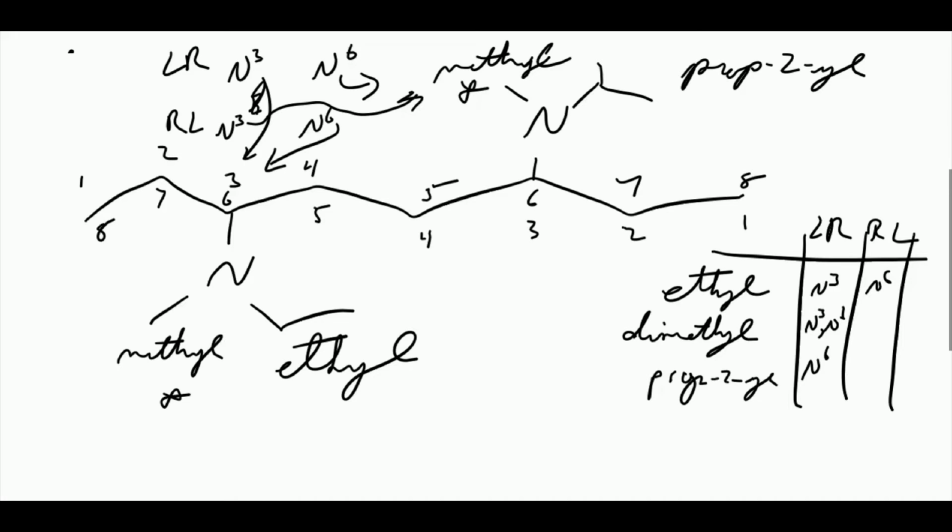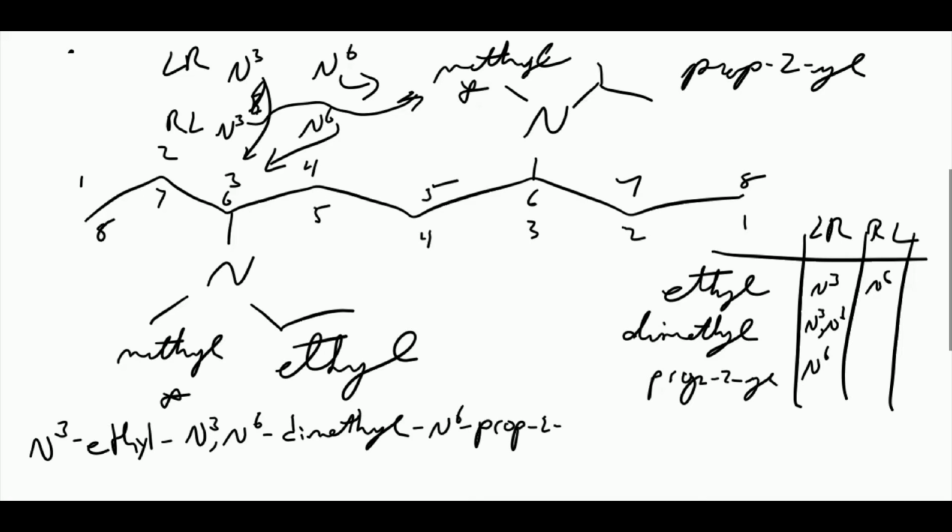All right, so that makes this N3-ethyl-N3,N6-dimethyl-N6-prop-2-yl-octane.